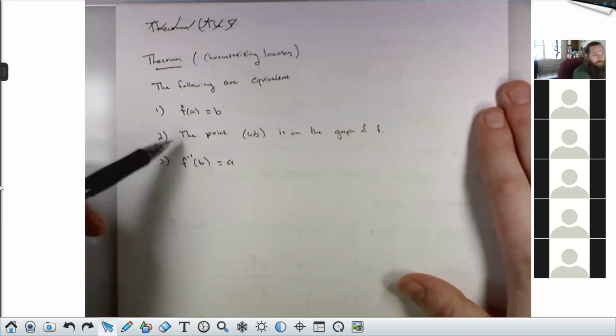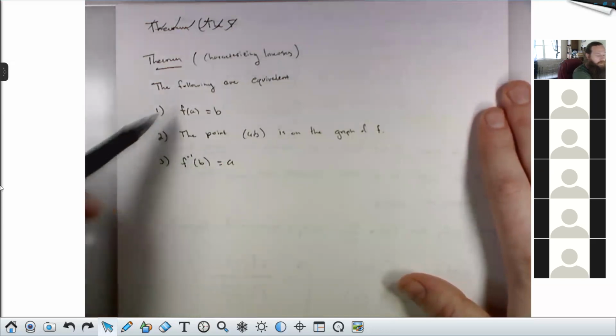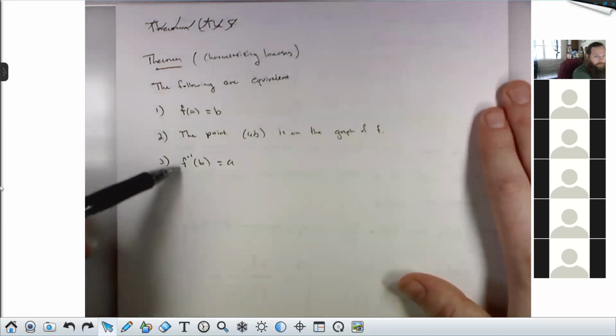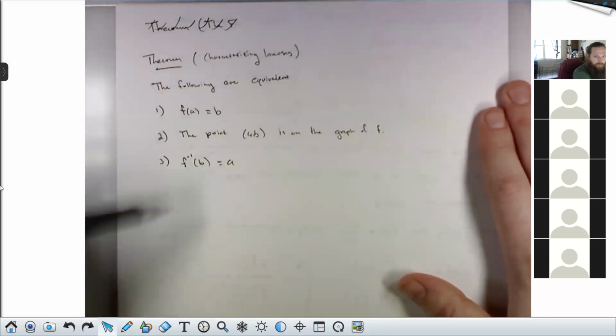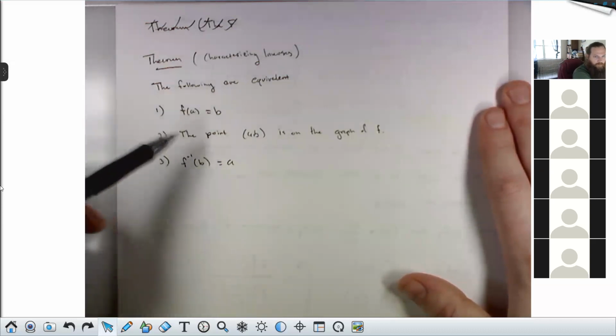And I think it's pretty clear that these two are equivalent. It's not super obvious that these two are equivalent, but they are through that chain. This is equivalent to this, which is equivalent to this.